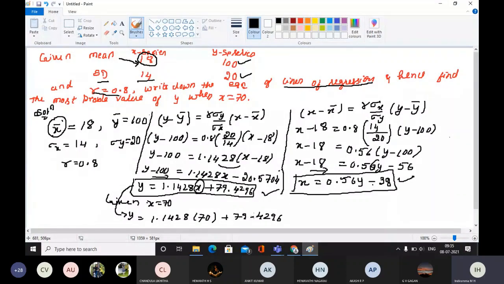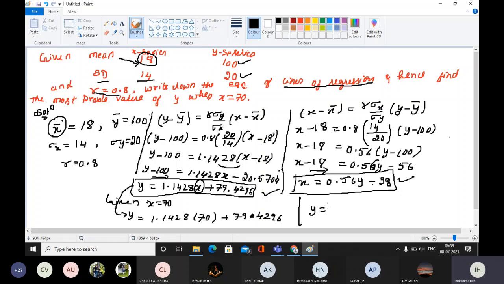Now calculate this. What y value do you get? Is it 179?